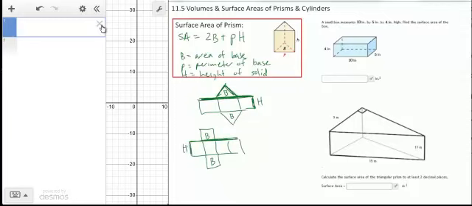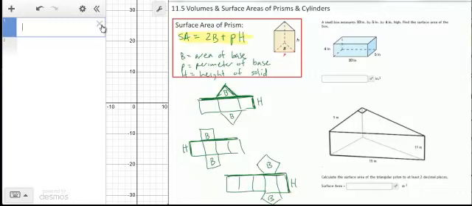Even if you had, let's say 5 sides, where you have a pentagon off here, you have 2 of the same bases plus your 5 rectangular lateral faces combined to form 1 rectangle that's the length of your perimeter times the height of your solid. So this surface area formula works for all prisms.